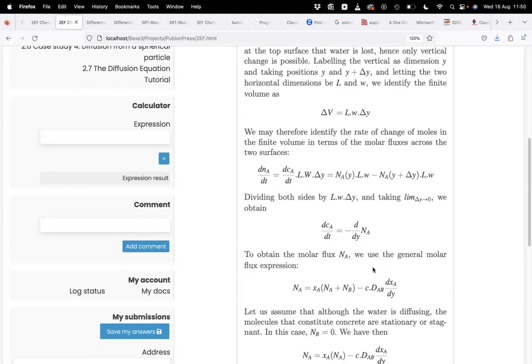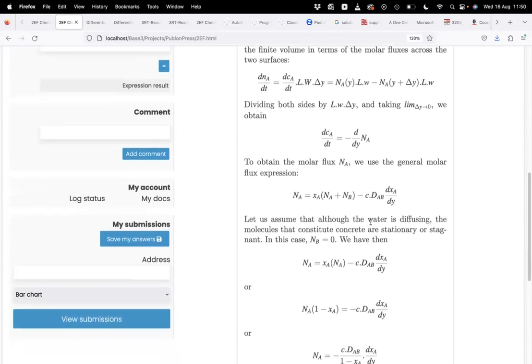And so we would end up getting the same relationship here. And we would want to substitute for the molar flux. In this case, it's petroleum against water. It isn't a reaction, right? The petroleum is diffusing against the water. So it's not as if water is going to be stagnant or something like that. So we could anticipate equimolar counter diffusion.